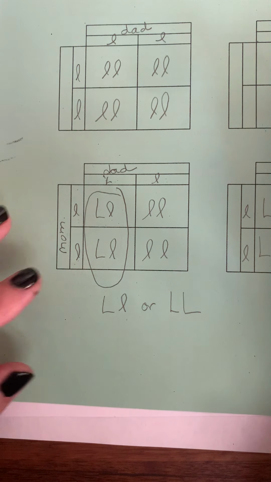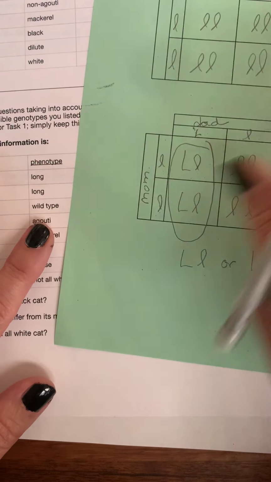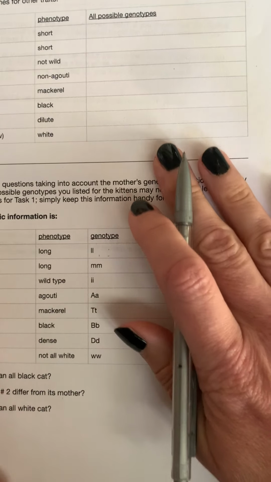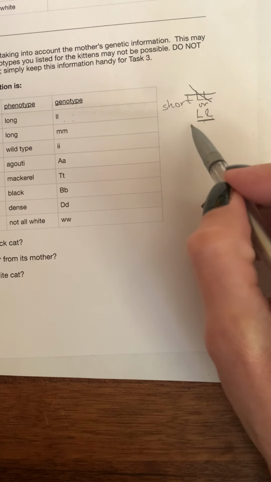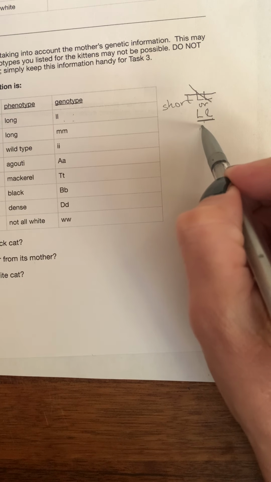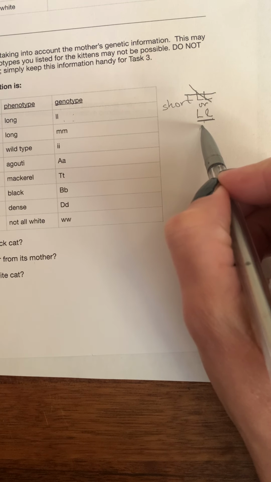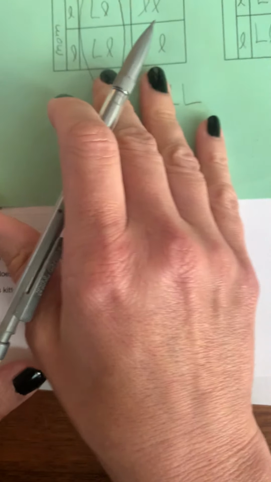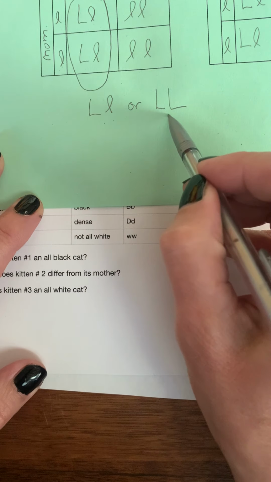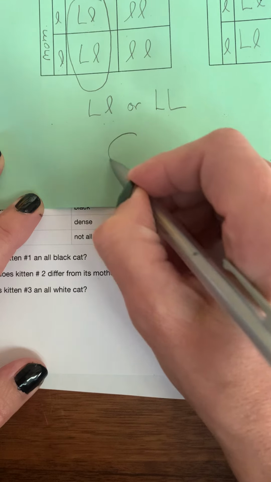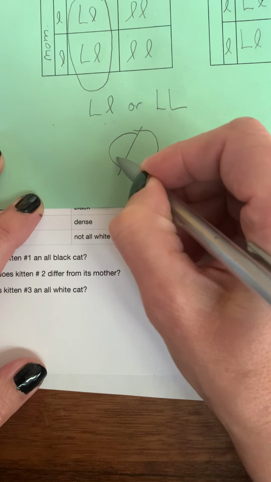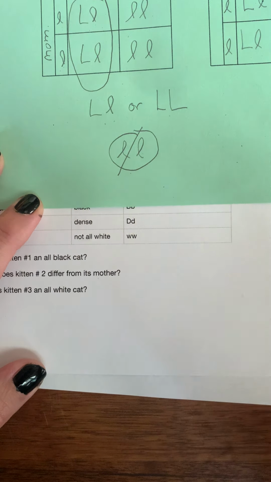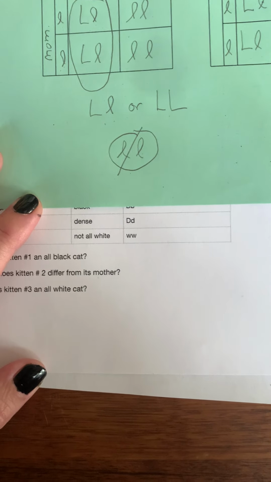In that case, that's not going to give us this gene combination. So in this case, dad's genotype has to be this or this. It's not 2 little l's. Okay, the rest of the worksheet works the same way.